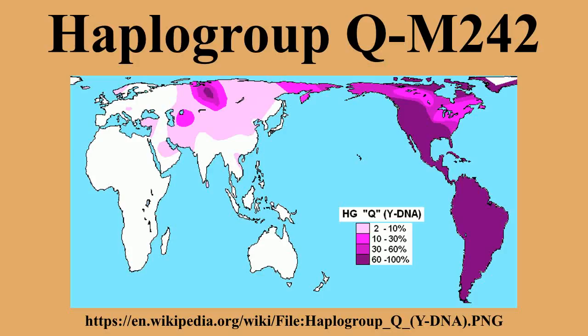Q-M19, found among some indigenous peoples of South America, such as the Ticuna and the Wayuu. Q-M194, in South America. Q-M199, in South America. Q-M323, it has been detected in Yemenite Jews. Q-L275.